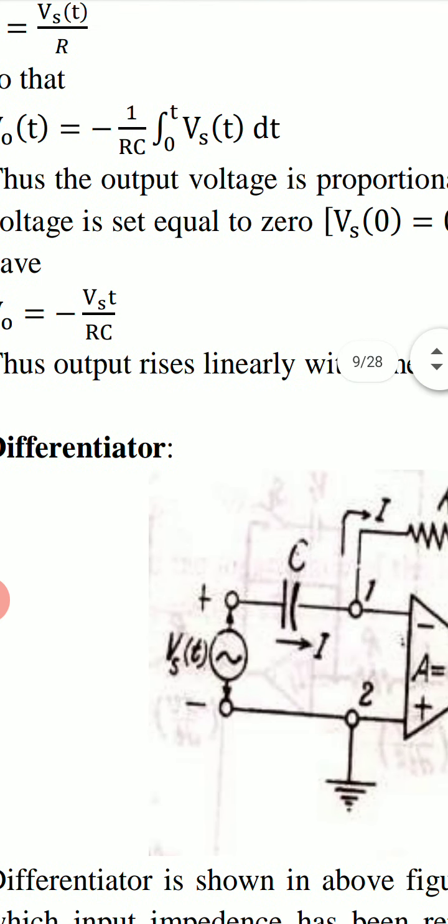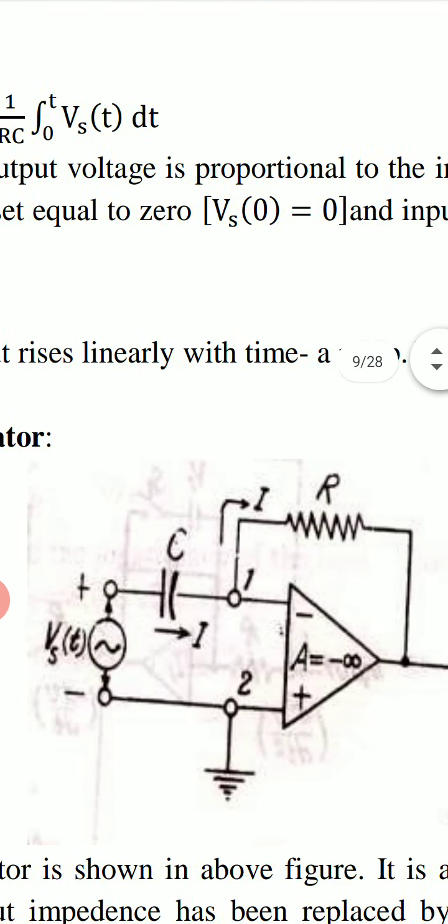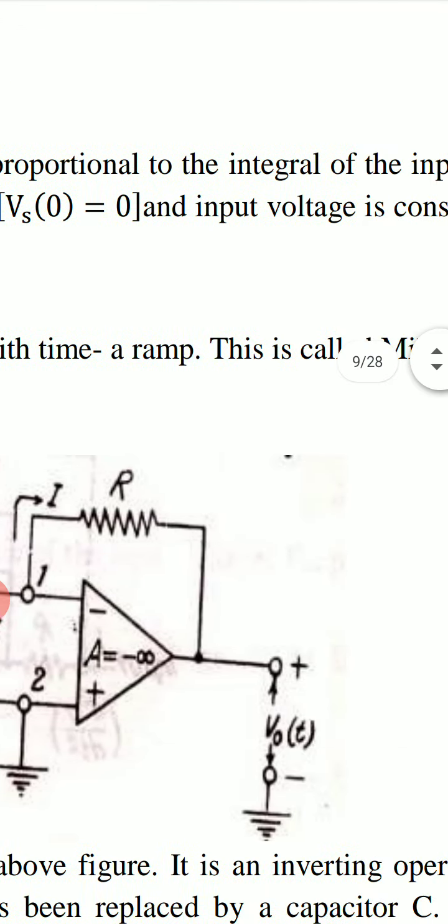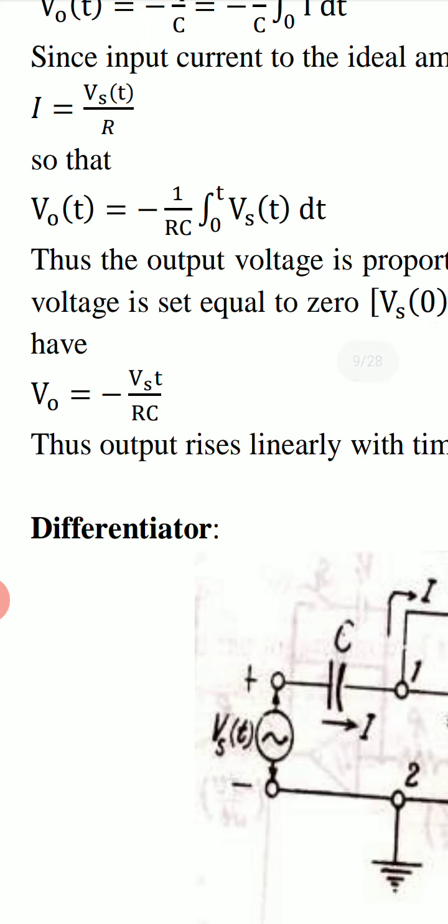Thus the output voltage is proportional to the integral of the input voltage. VO is proportional to integral Vs dt.